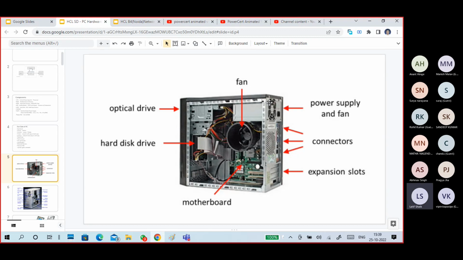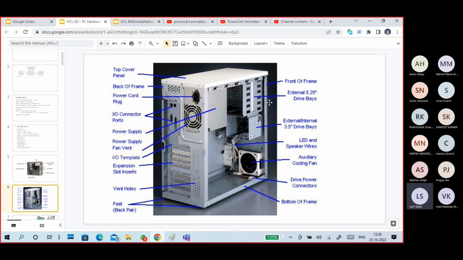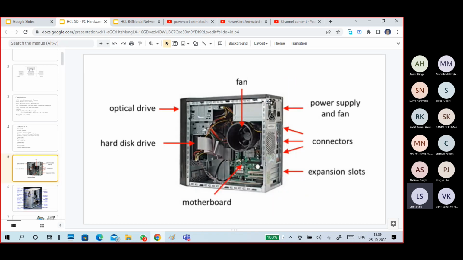Laptops, of course, we have seen, and desktops are also there. So here is my desktop. It is like a box. We call it a cabinet. A lot of people call this a CPU, but it is not a CPU, guys. It is a cabinet. This cabinet has some components internally.